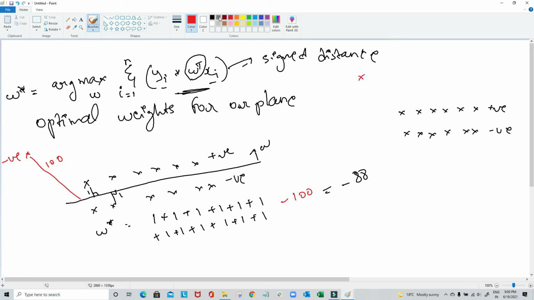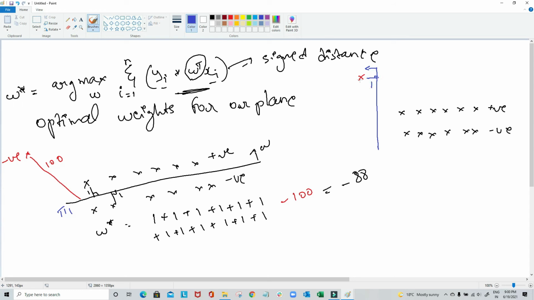However, this time, instead of this plane, let me mark it as pi1 here. Let this plane be pi1. What if our plane is like this? This is the direction of the plane, and let this be a unit distance.